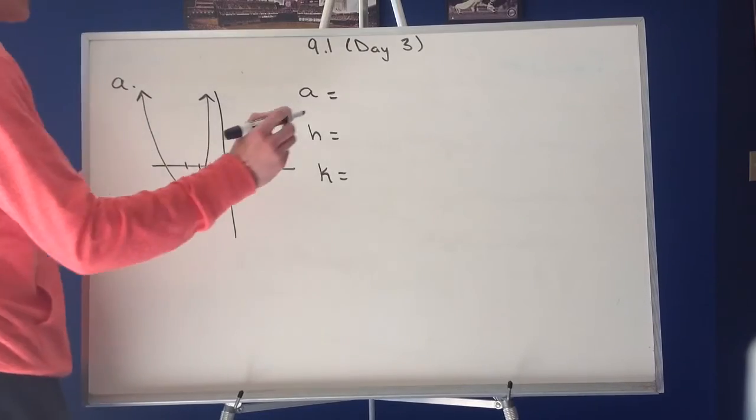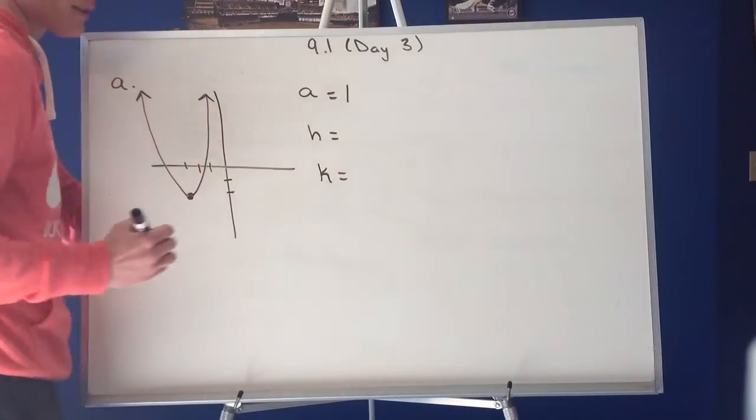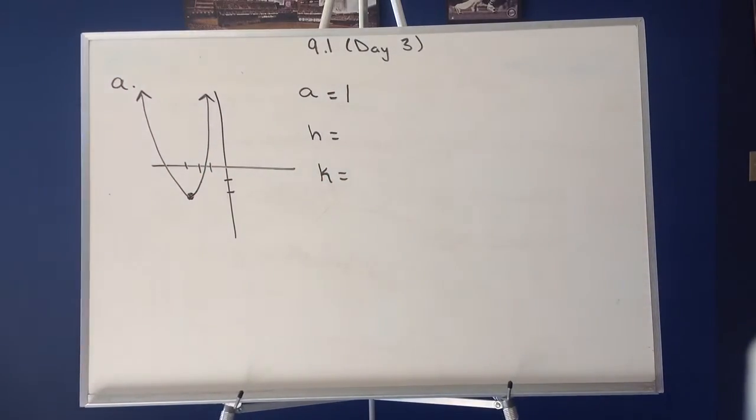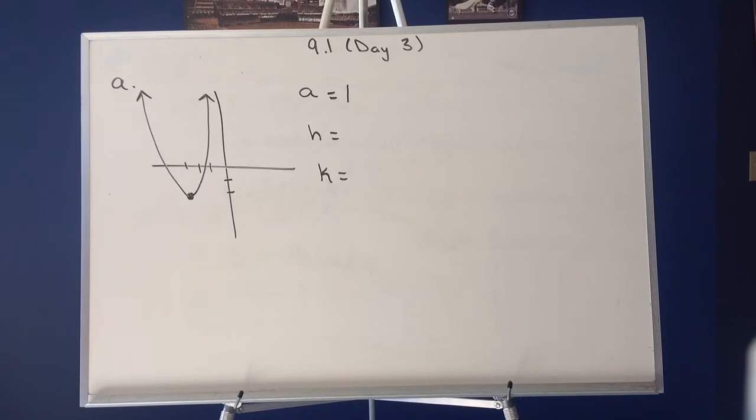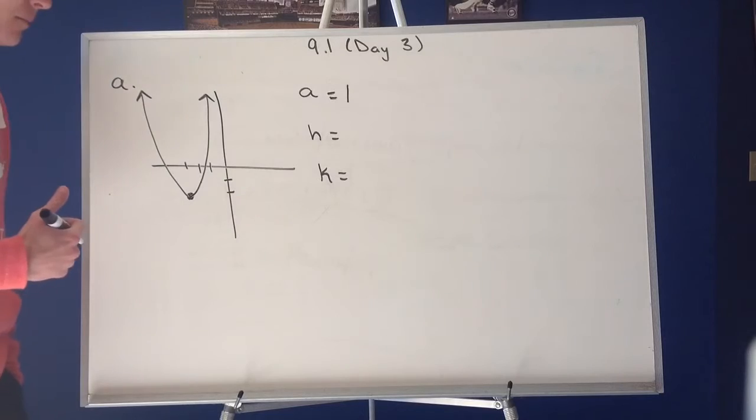That tells me that my A is just going to be a positive 1. If you would have gone up 2, then your A would be 2. If you only went up a half, then your A would be a half. So you always go over 1 and then just see how far you went up. That will tell you what your A is going to be.